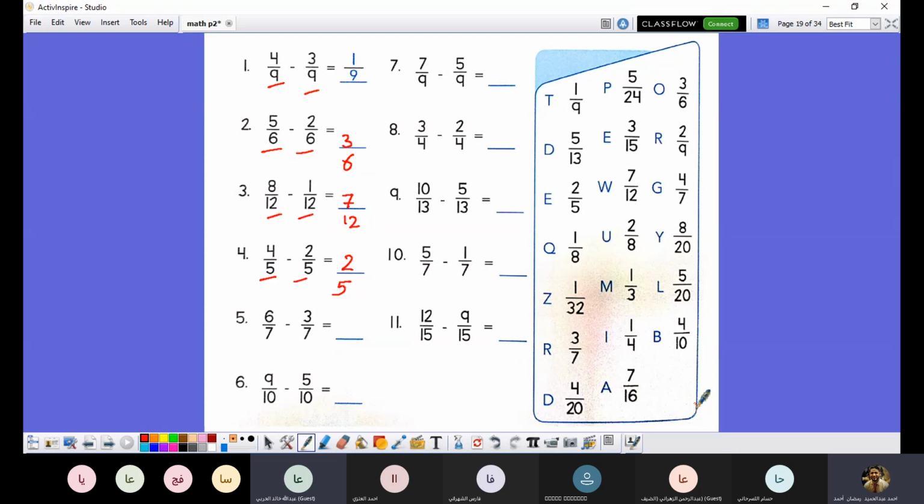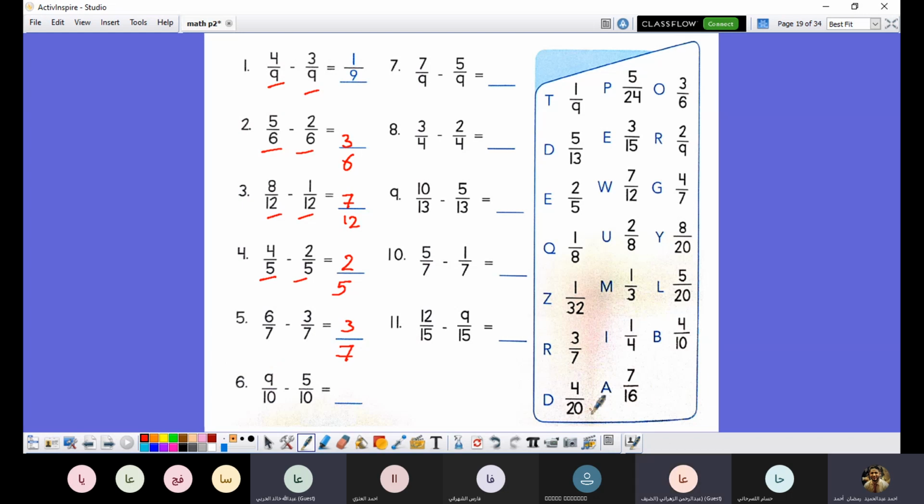Help me in number 5. 6 over 7 minus 3 over 7. Okay. 6 minus 3 equals 3. We have the same denominator, so we will write 7 under 3. Okay, thank you, that's right.